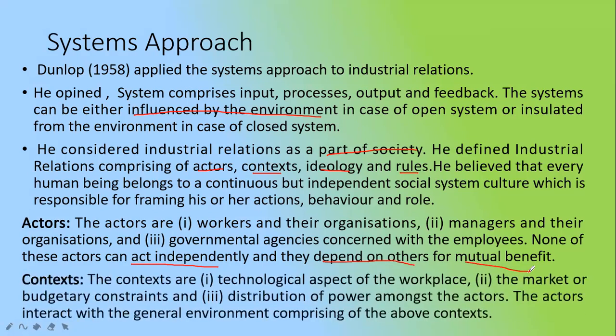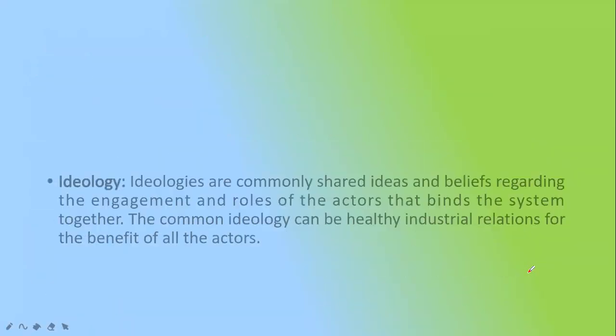Next is context. Context is the situations and environmental constraints in which they will be working and acting. These include technological constraints, market constraints, and the distribution of power among the actors, and the actors interact with a general environment comprising all these constraints.